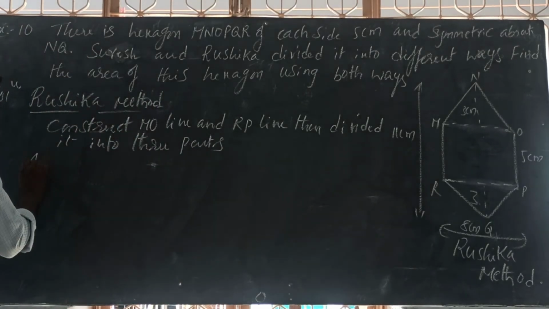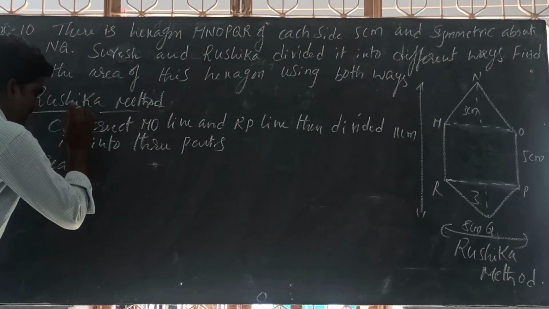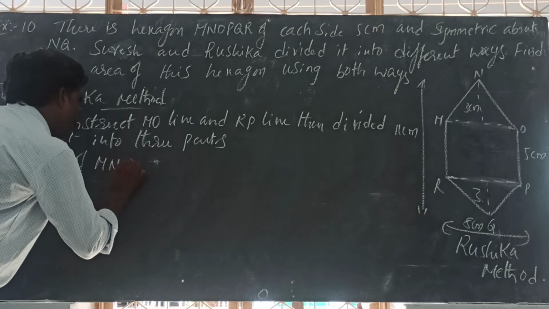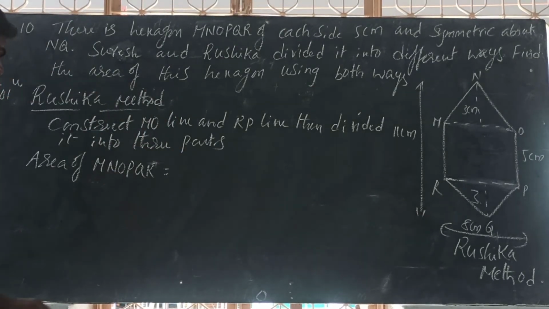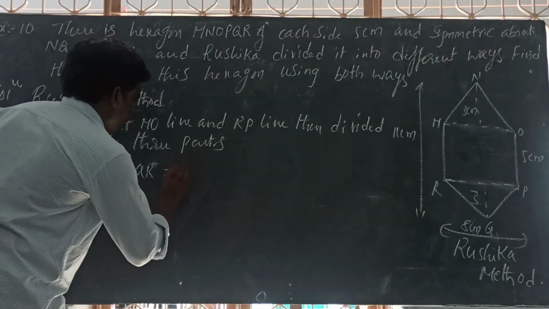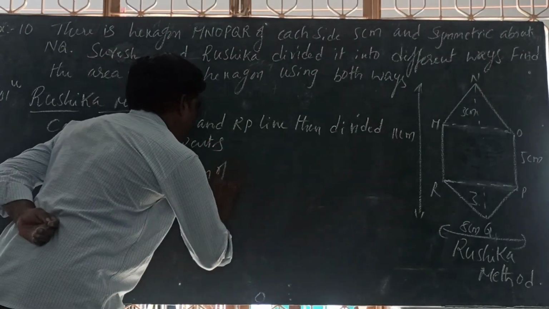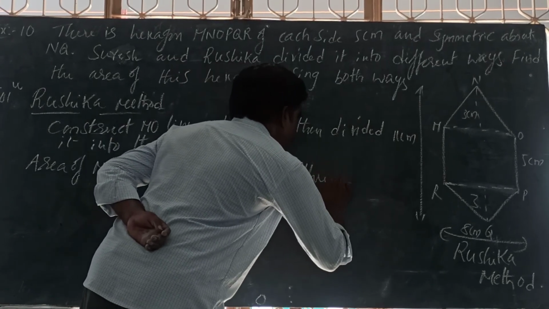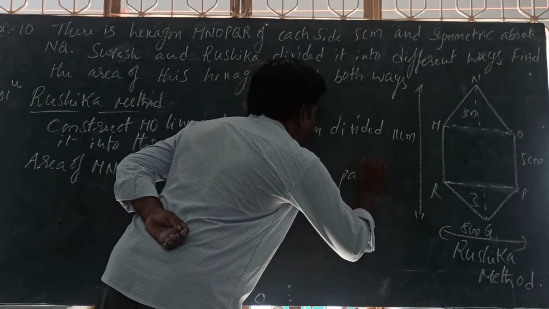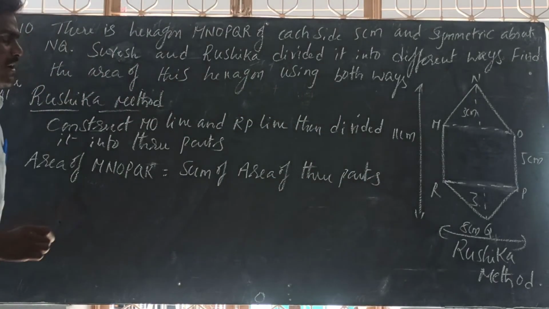So the area of hexagon MNOPQR is equal to the sum of the areas of the 3 parts. The 3 parts are in the shape of 2 triangles and 1 rectangle.